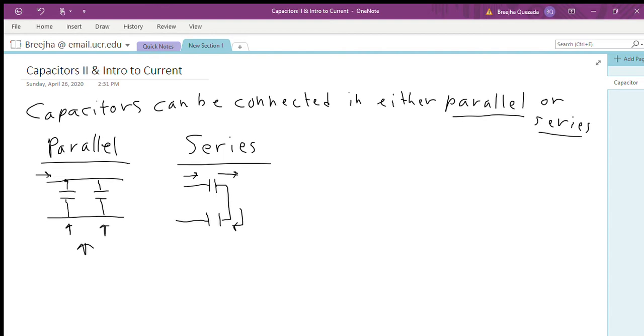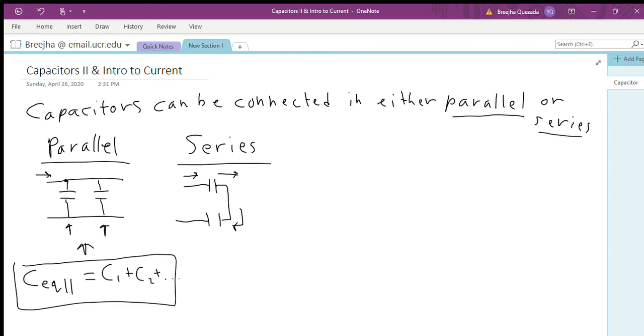For parallel, the equivalent capacitance is going to be C1 plus C2 plus all of the other capacitors that might be wired in this way. With series, we think of the capacitance as compounding inversely.